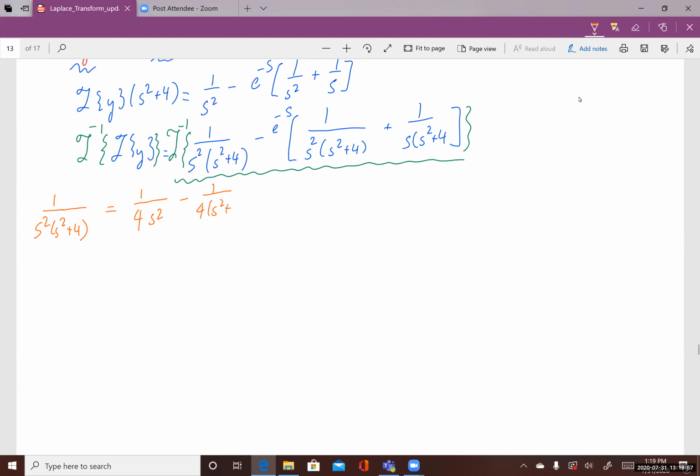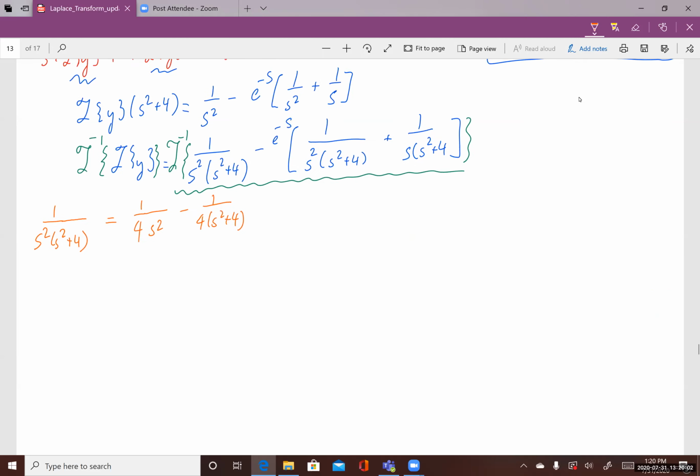We can use this result for this fraction as well.